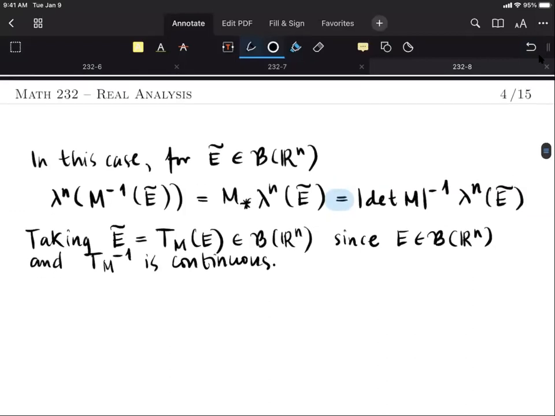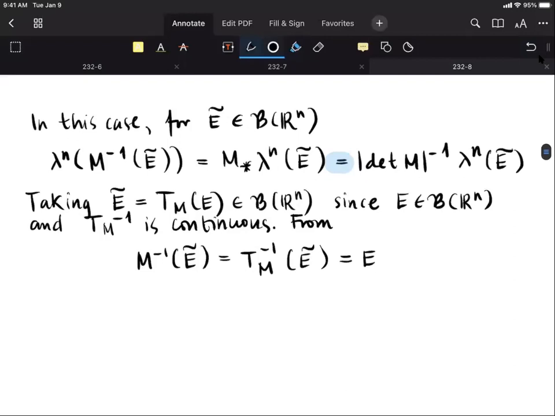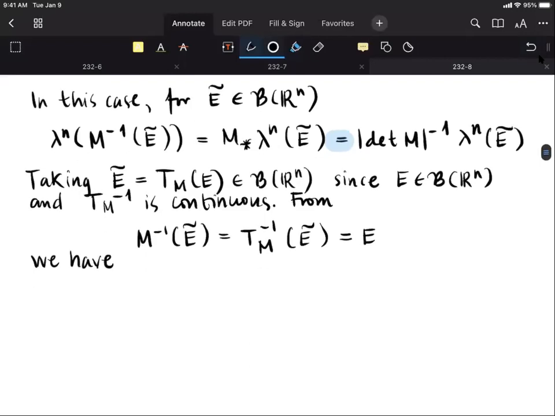Okay, so from the fact that M inverse of E tilde is nothing but T sub m inverse of E tilde, this is equal to E. So from this, the right-hand side can be written as lambda n E.